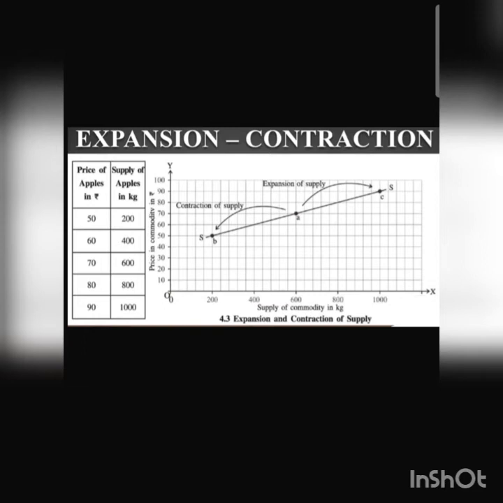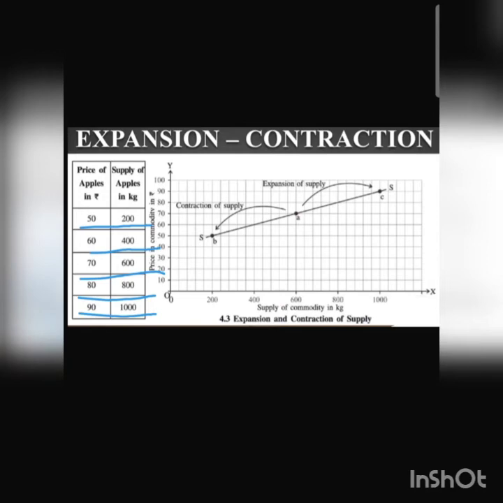Firstly, the price of the apple is 50 and the supply is 200. As the price increases to 60, the supply will be 400. At 70, the supply is 600. At 80, the supply would be 800. At 90, the supply is 1000.